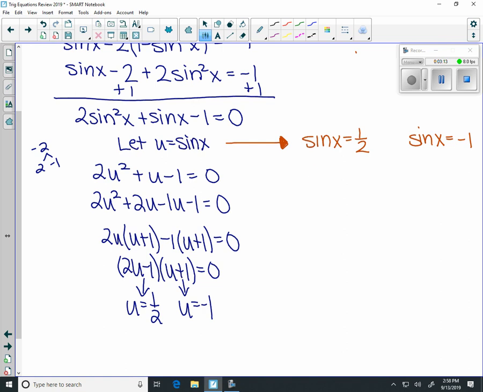And now sine is 1/2 at all of our sixths. Sine is positive in the first and second quadrants, so that would be pi over 6 and 5 pi over 6. Sine is -1 just at 3 pi over 2.